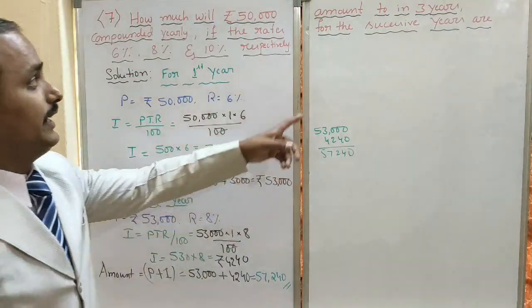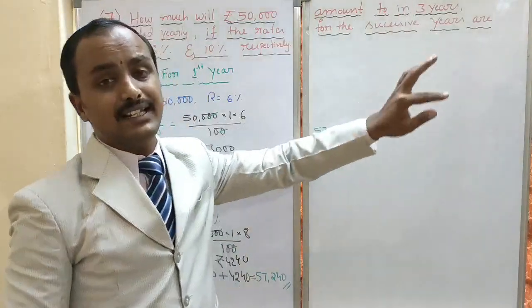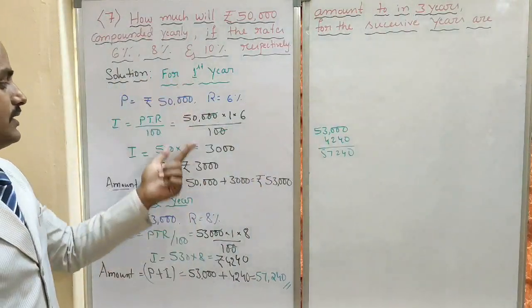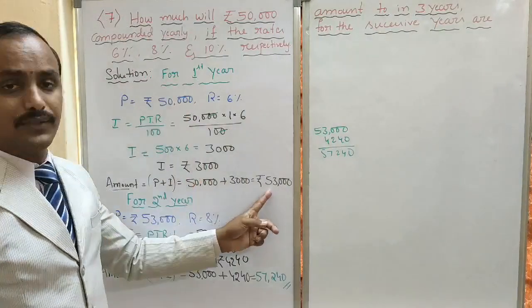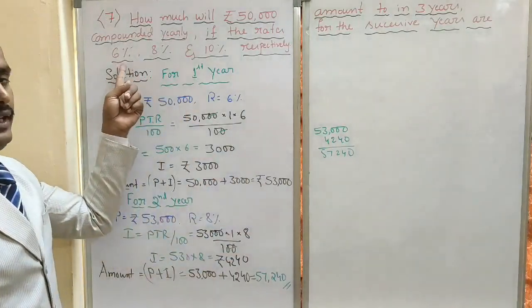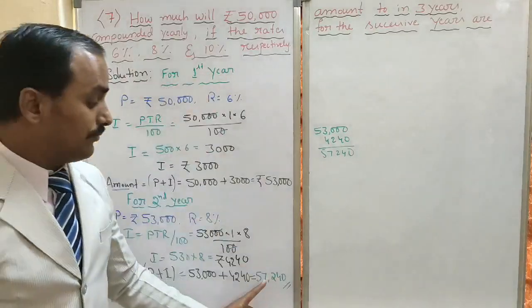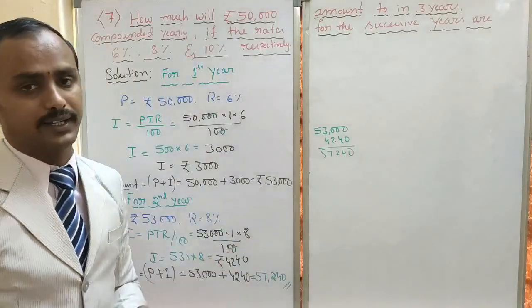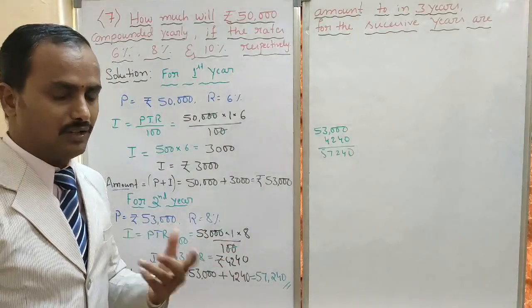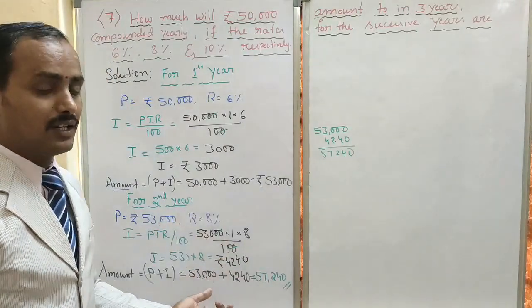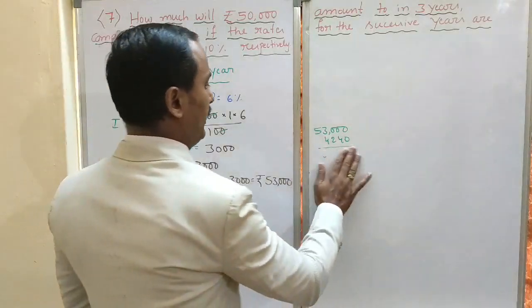I am going to find the amount at the end of the 3 years. For the first year, for 50,000, 53,000 will become with the respective interest. At the end of the second year, that amount becomes 57,240. Understand which method we are following? Third year, look here, dear children.